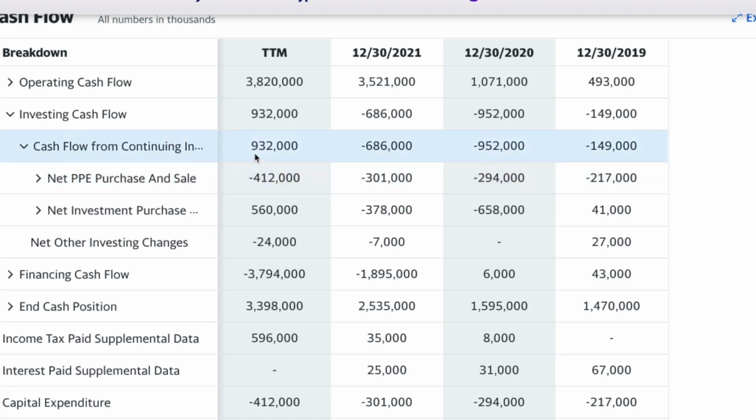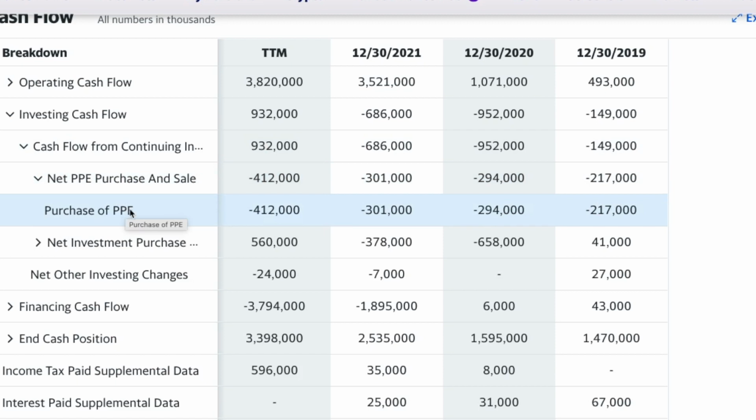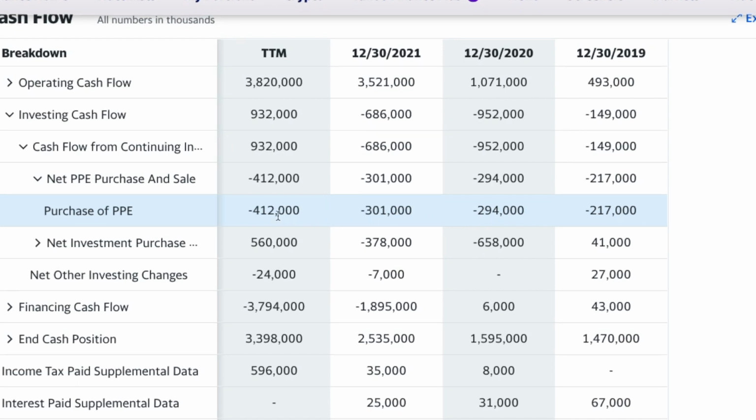From the net PPE, which is purchases and sales, purchase of PPE means they have bought new power plants or equipment, maybe new machinery or a new office. AMD has spent around $412 million, and we can see the company has been spending more and more on its own business, which is a very good thing.